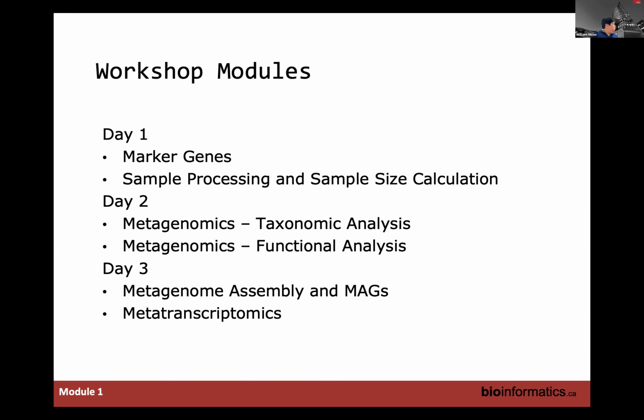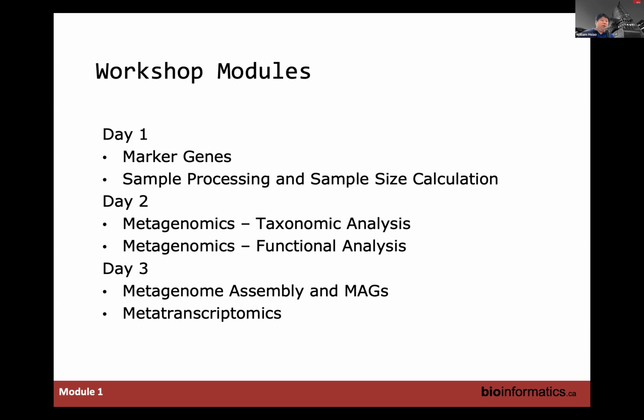Tomorrow, Morgan and Robin will be covering metagenomics data sets, first doing taxonomic analysis, trying to see who's there, and then carrying out functional analysis to see what the capacity of the community is.